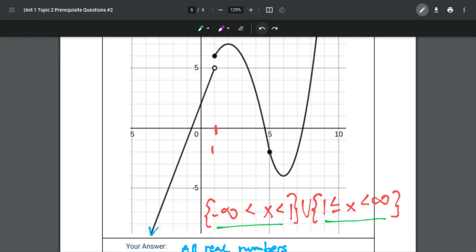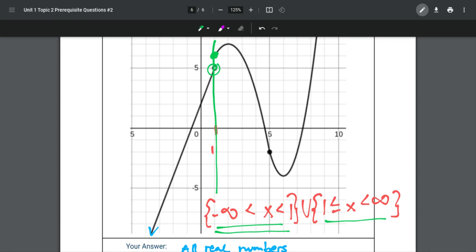Now you notice that, and I marked the 1 for you already. Look at that. Boom. You have an open circle, which means don't count the 1. And then you have a filled circle, which says do count the 1. So considering the piecewise situation here, with that interruption, so to speak, you would say x is less than 1.